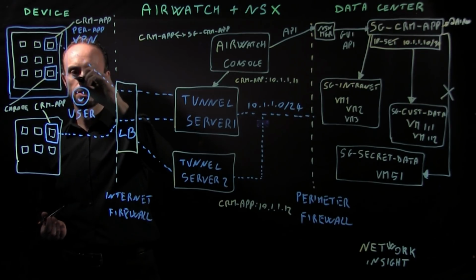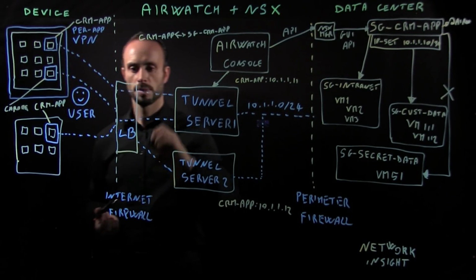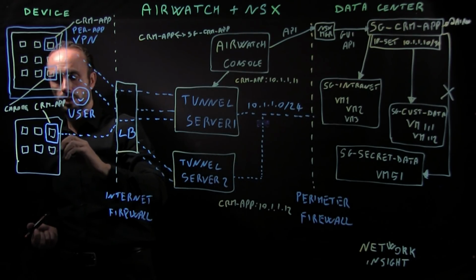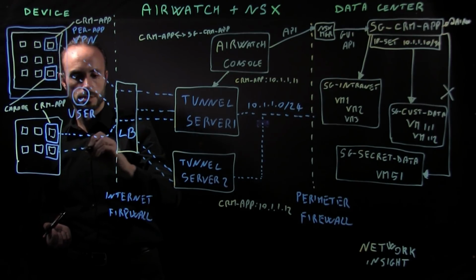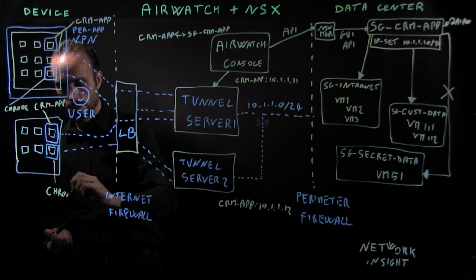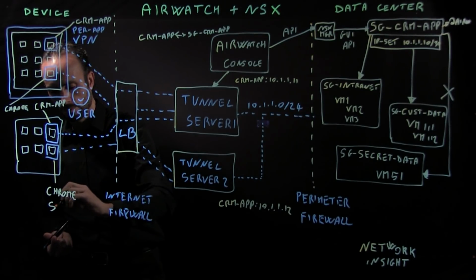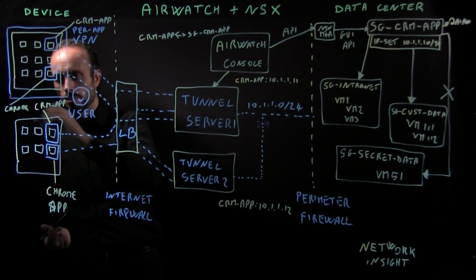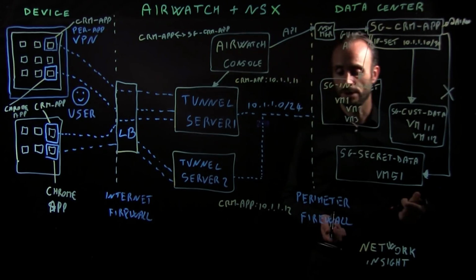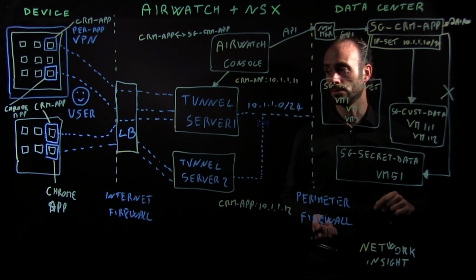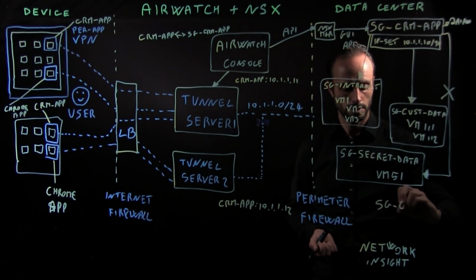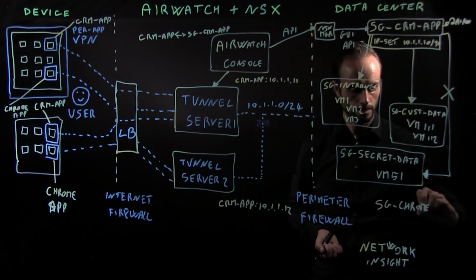Obviously, it is going to instantiate a VPN connection that is going to be distributed to the tunnel servers. And obviously, we'll need to configure a security group dedicated to the new application. We'll have something like this. We'll have a security group Chrome app.